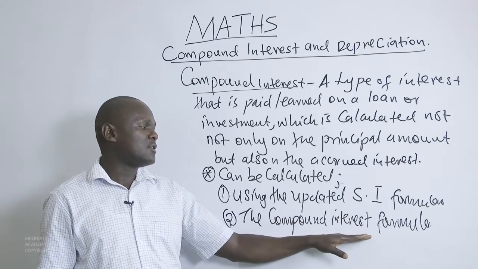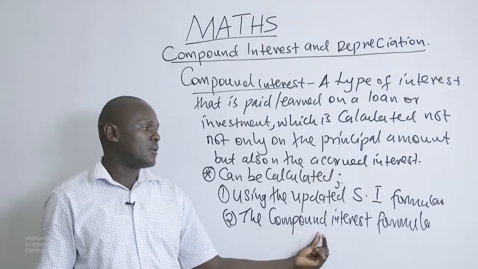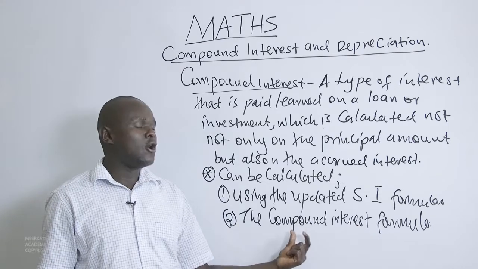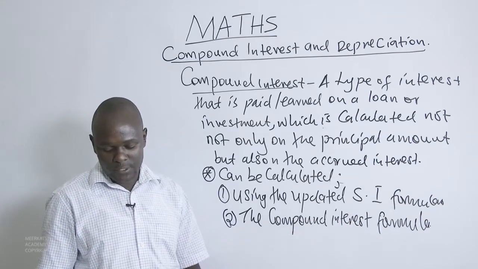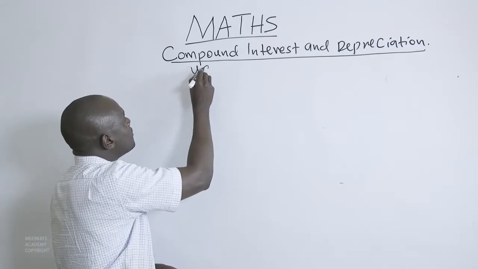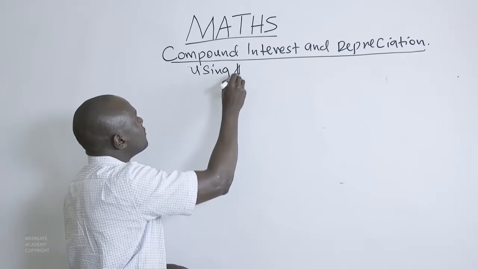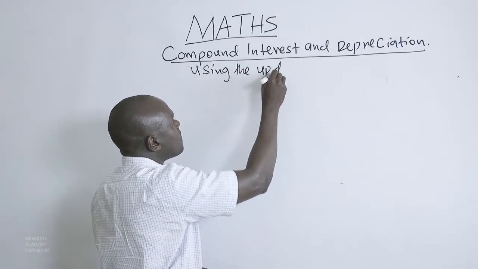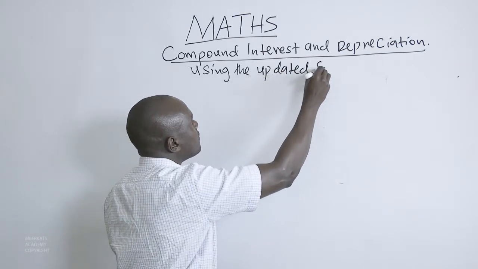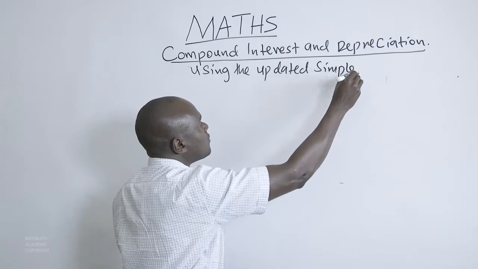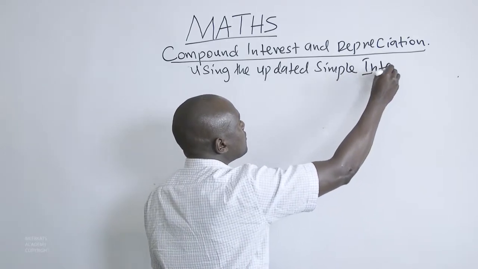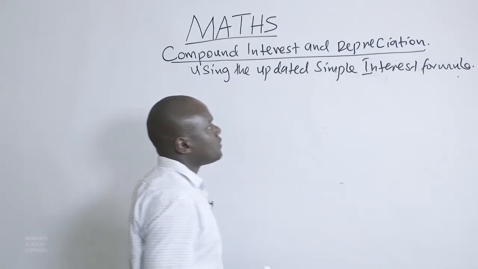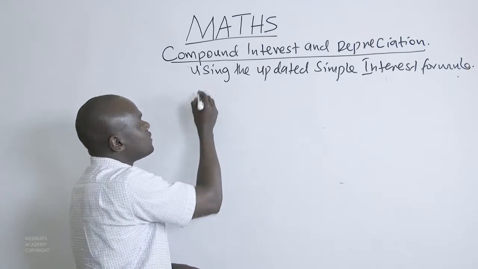Then we will move on and look at what we mean by the compound interest formula, what the components in the compound interest formula are, and how we apply the same formula.